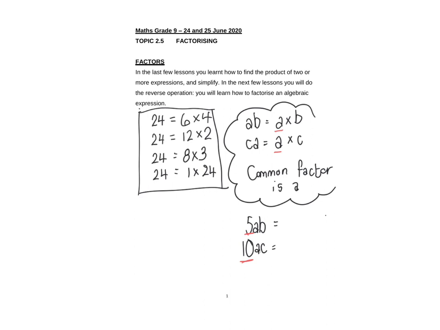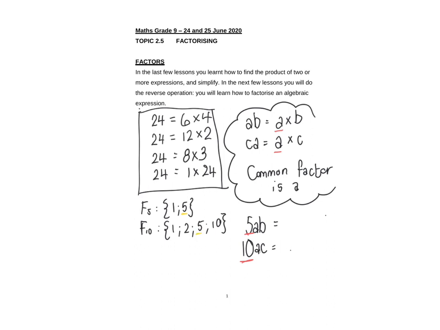And usually we would write out all the factors, or we just know them sometimes. So we can write out the factors of 5 is 1 and 5 because it's a prime number. And then the factors of 10 is 1, 2, 5 and 10, and then we notice that 5 is the highest common factor.